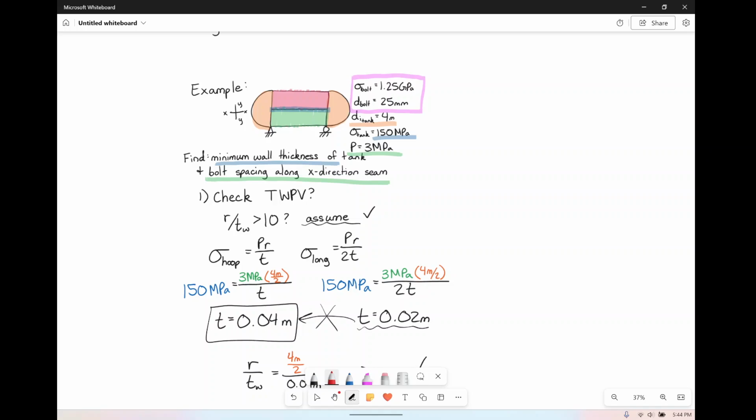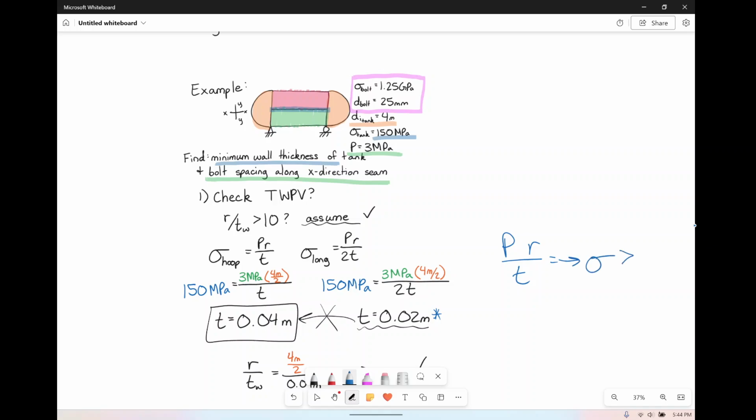Anytime you're going to do a rounding thing though, you should always check your work. If you can't reasonably think through it and go, okay, which one of these answers is actually going to make perfect sense to me, then go back and plug your answer back in. If you wanted to use here the thickness of 0.2 meters, plug that back into your equation, and say you have a pressure and you have a radius over a thickness, you're obviously going to get a stress.